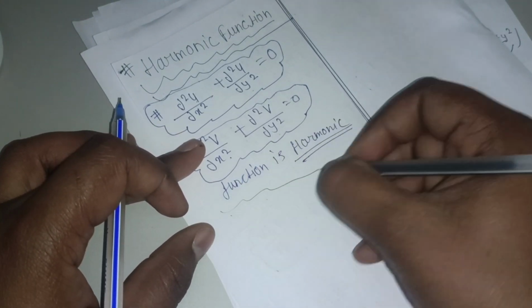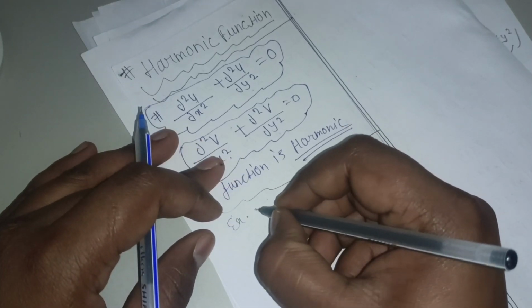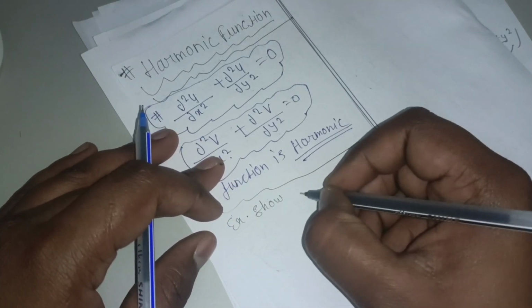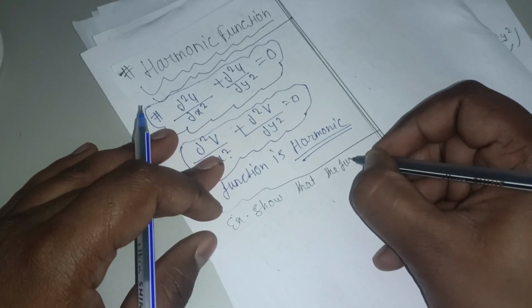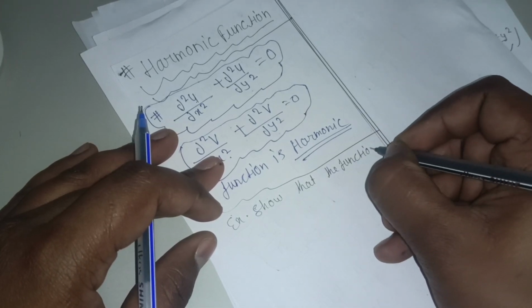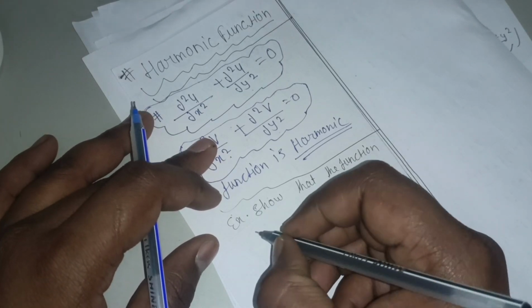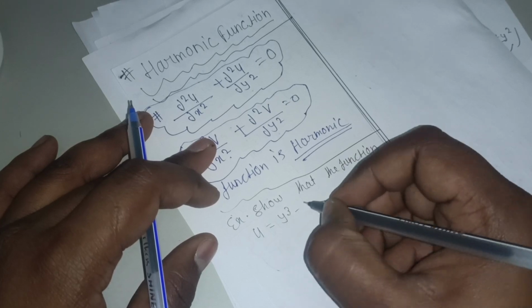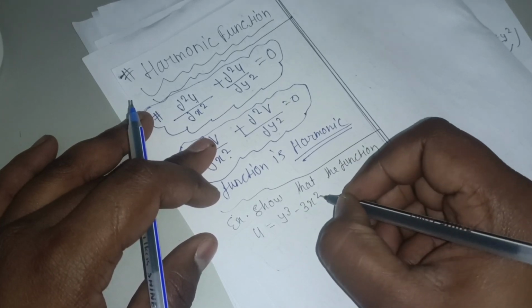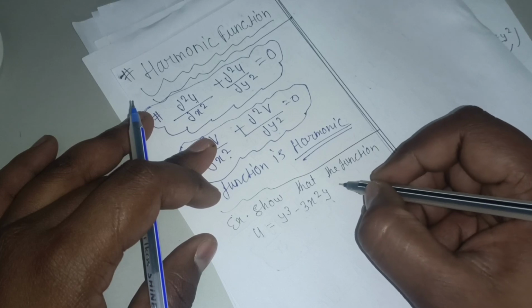Suppose we have an example: the function u is equal to y cube minus 3x square y is a harmonic function.